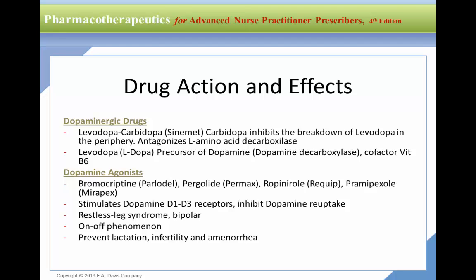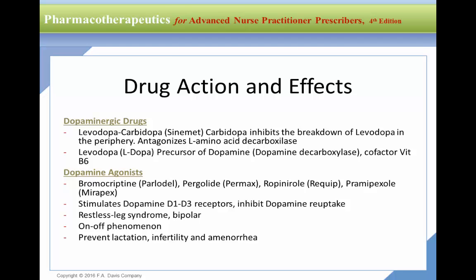Dopamine agonist, we could use bromocriptine, parlodel. Basically, what it does is stimulate the dopamine D1 receptors and inhibit the reuptake of dopamine. It's not only used for Parkinson disease, but it's also used in restless leg syndrome and bipolar disorder.